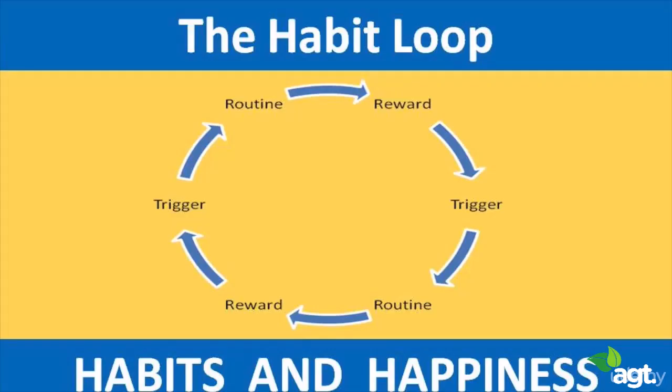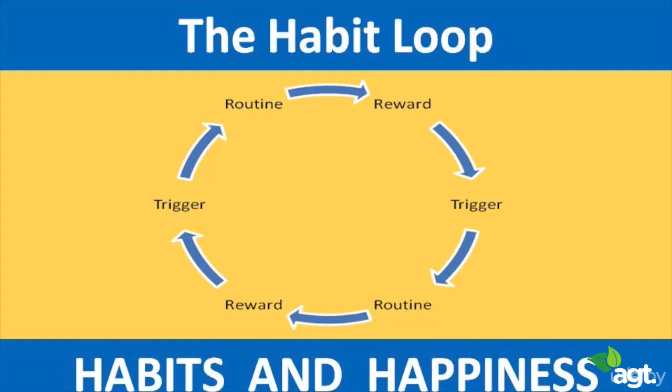The habit loop. Let me explain what the habit loop is and why it is so important for us to understand. So, as you see on the slide, the habit loop actually starts with the trigger. Anything that you do, any habit that you have established or are going to establish, starts with the trigger.